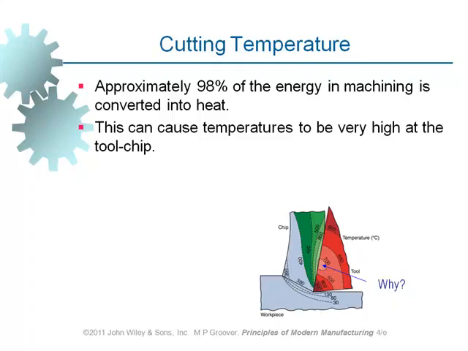Cutting tool: 700 degrees is maximum. Workpiece is maximum 130, the top face. And the chip itself is about 600. So it's the cutting tool which receives maximum heat energy, followed by the chip. And this one receives minimum energy.